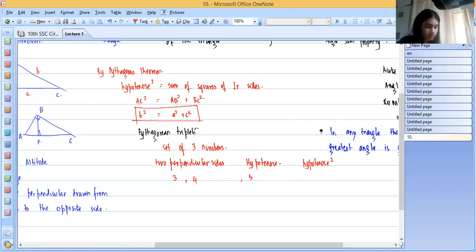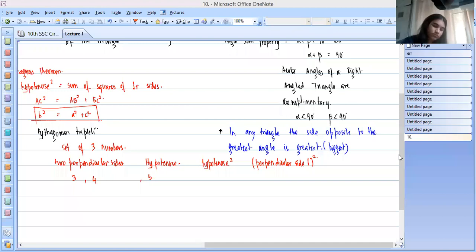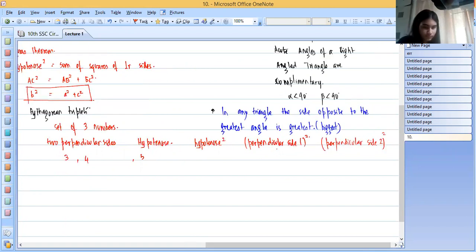Okay. Then perpendicular sides. So you have 2 perpendicular sides, that's 3 and 4.